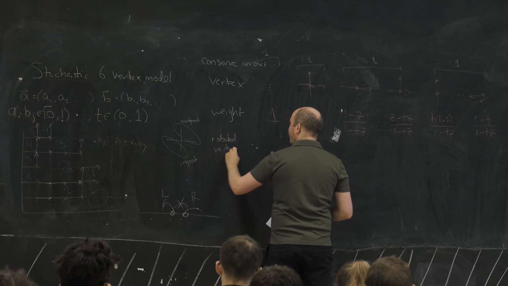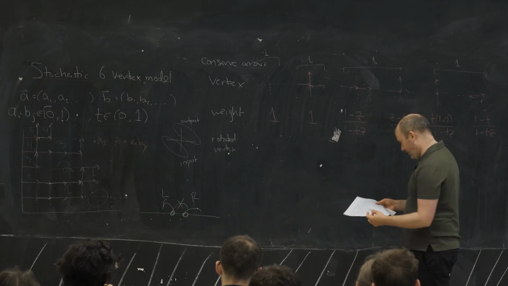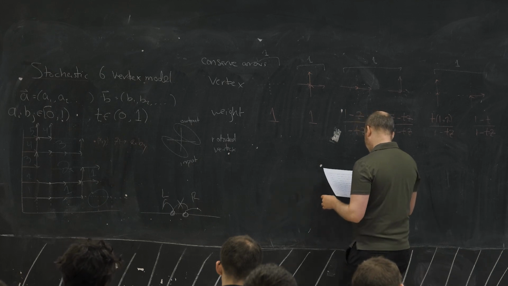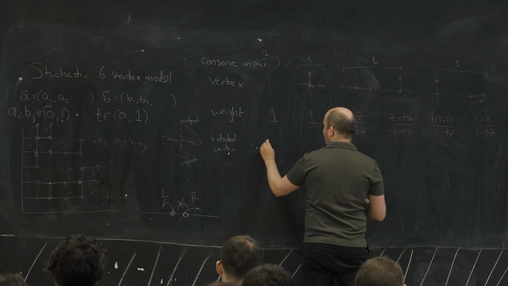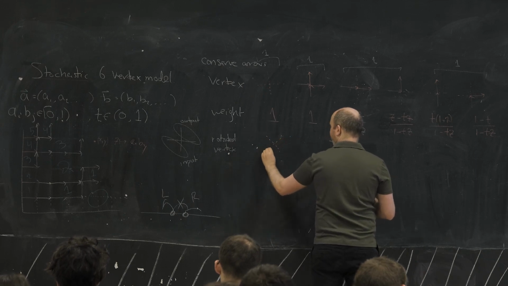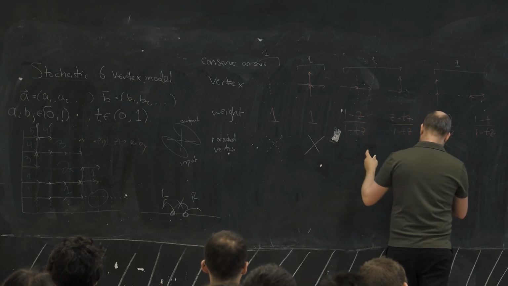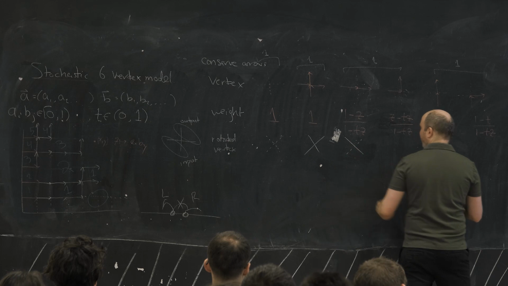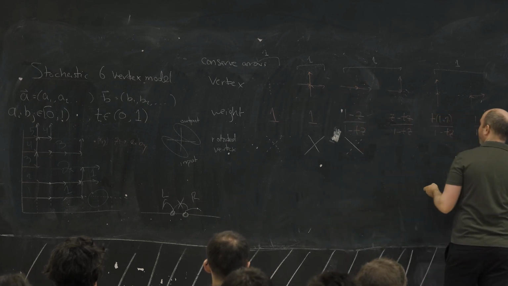I'm also going to consider a version of these vertices that are rotated by 45 degrees. So let me just draw them. So imagine rotating this by 45 degrees. So I have a cross here. This one becomes, I guess by negative 45 degrees, right?